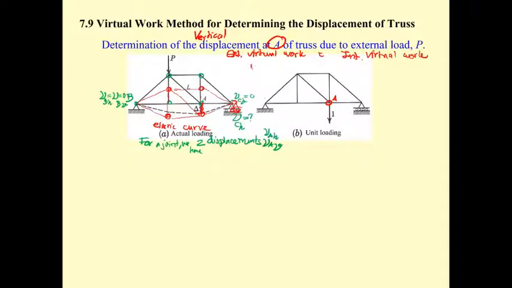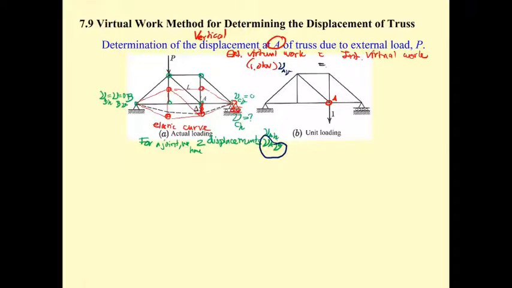So the assumed 1 unit force, let's say 1 kilonewton, times the vertical displacement, let's call it V sub A, in the vertical direction.